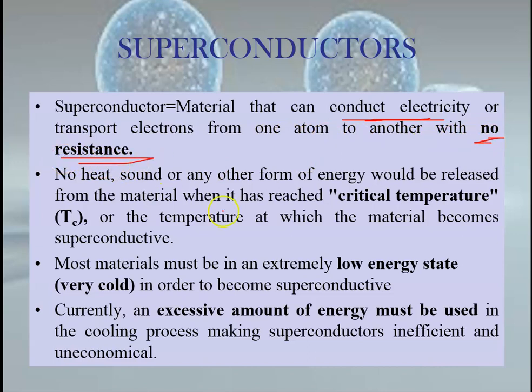For example, I'm using a copper wire to transfer electrons from point A to point B. I will observe that the power from point A to point B will be different due to the resistance owned by the copper itself.